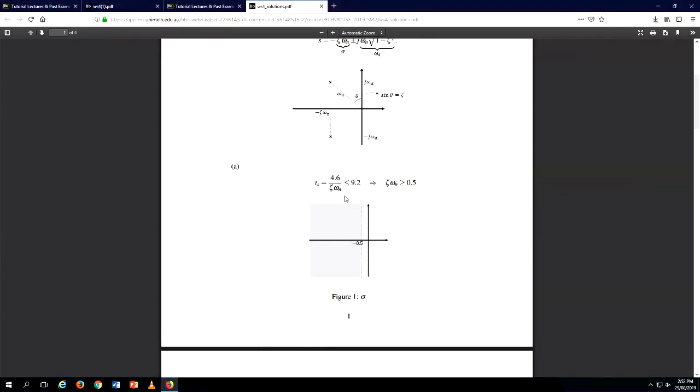You can first introduce a change of coordinates so that you shift the imaginary axis to the point minus 2.3. How do you do that? You introduce a new complex variable w, which is s plus 2.3. And then you rewrite this characteristic polynomial in w, and if you apply the Routh-Hurwitz criterion to that new characteristic equation in w, then you are to the left of this vertical line at 2.3.